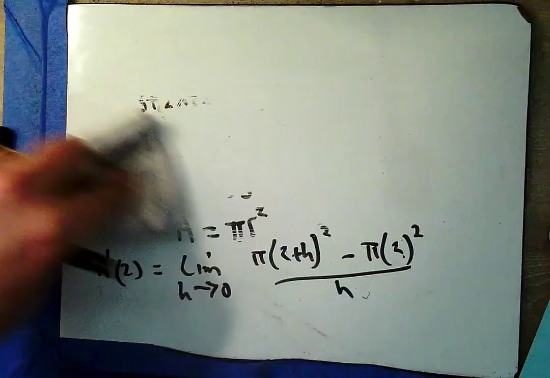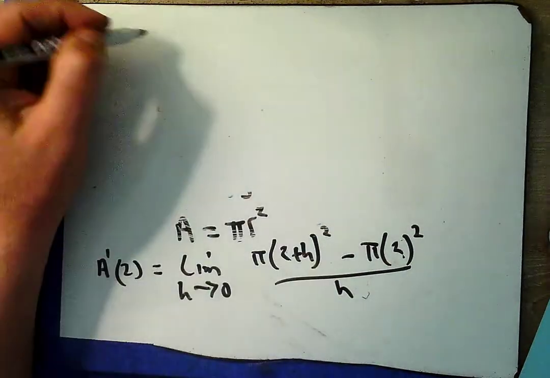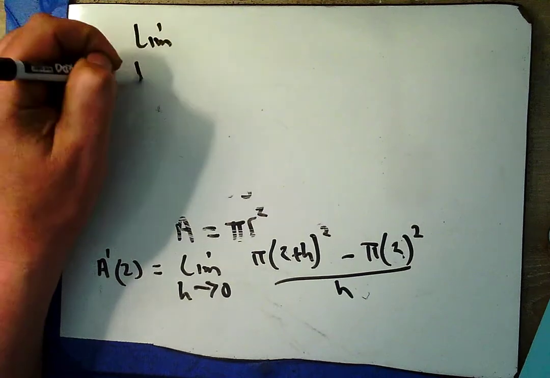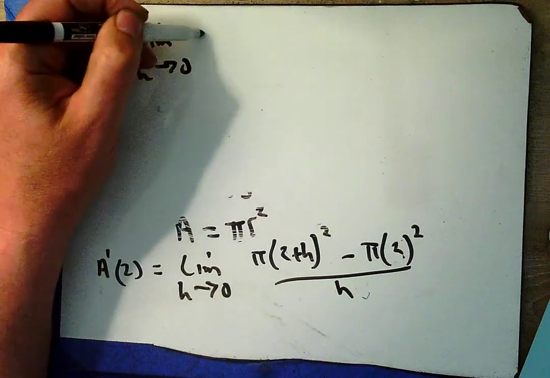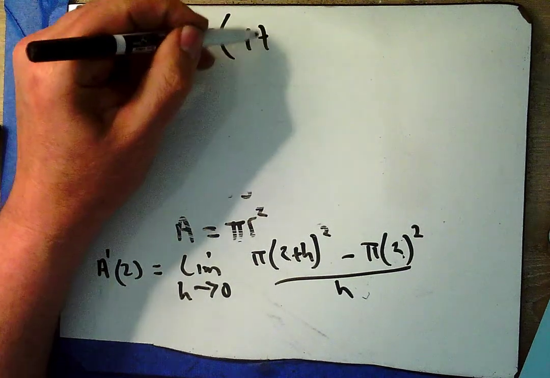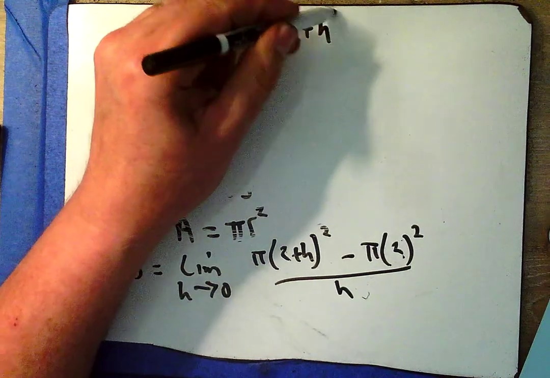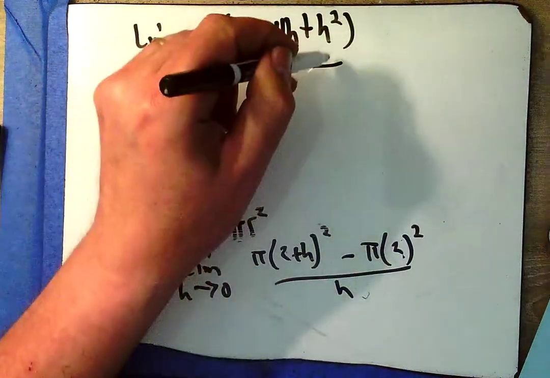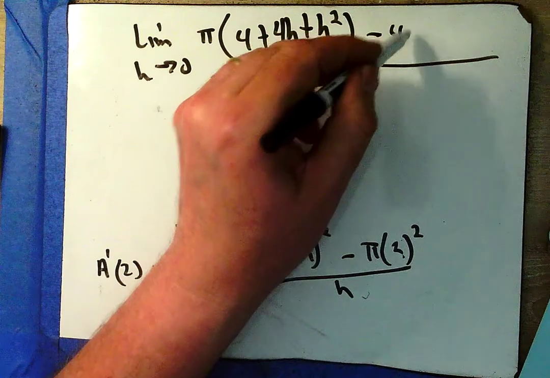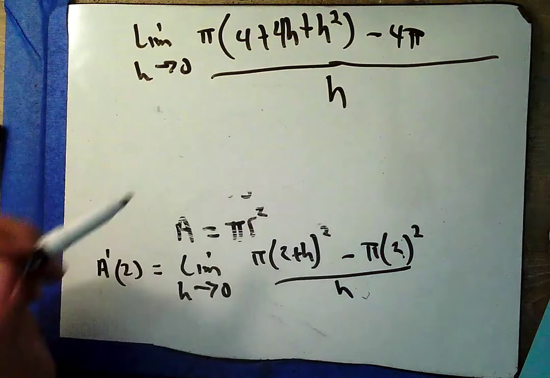Okay, so what am I going to do to figure this out? Well, I can say that this is the limit as h heads to 0 of pi times 4 plus 4h plus h squared minus 4 pi all over h.